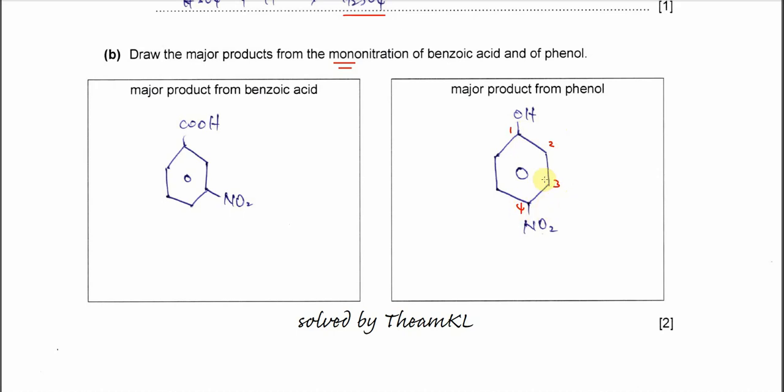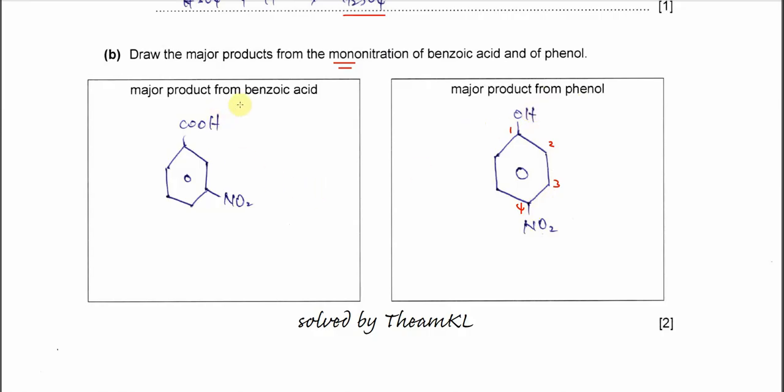When there is a nitronium ion, or when there is an electrophilic substitution, the nitro group will go to the 2, 4, 6 positions. For the major product of phenol, it's better for you to put the nitro group at the 4th position because it's further away from this OH, so it's relatively more stable.